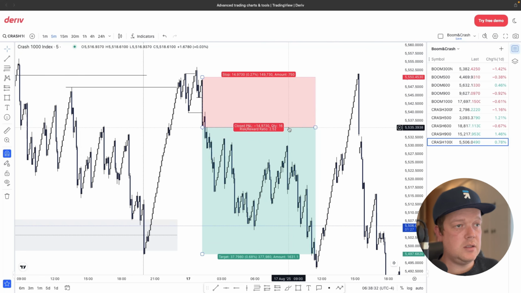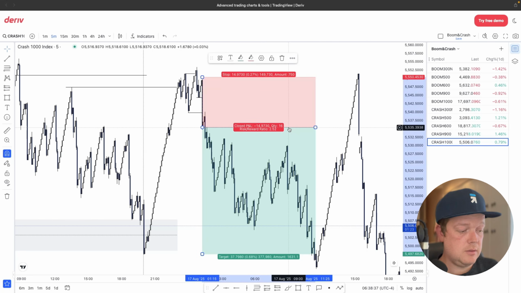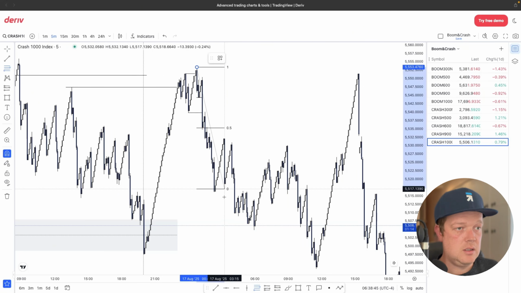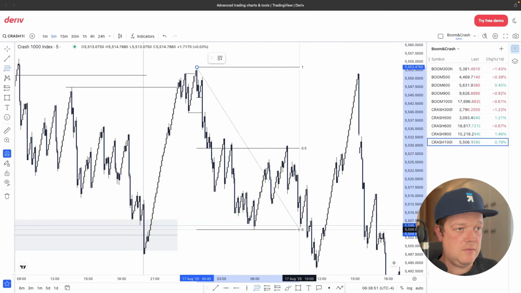Now, if you want to wait for a confirmation, again, we had this push down. Now you can start drawing your fib from this high. It's pushing down. Haven't touched our 50% yet. This low, there's our 50%.